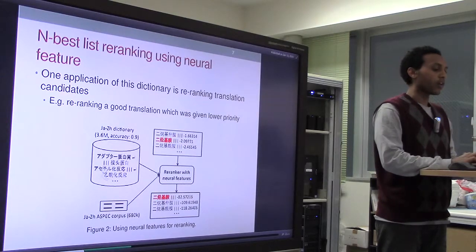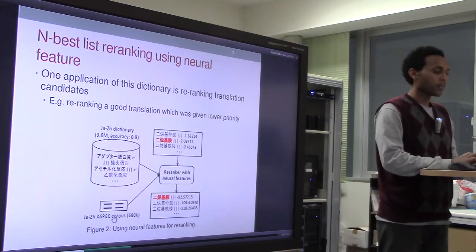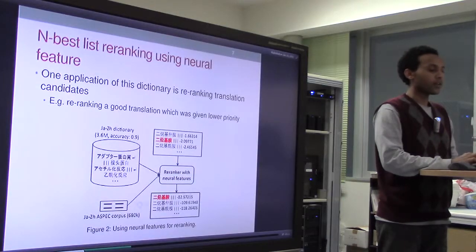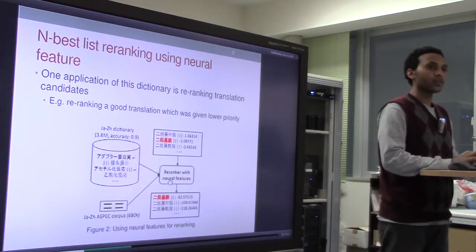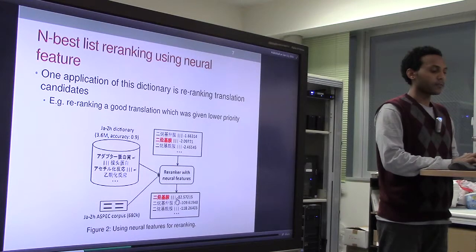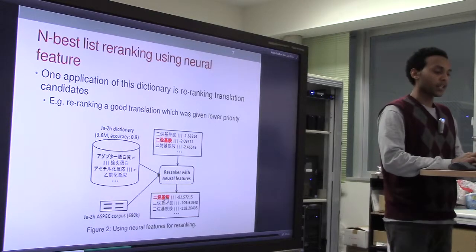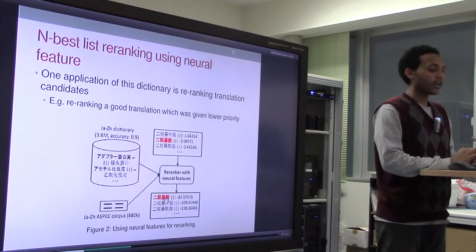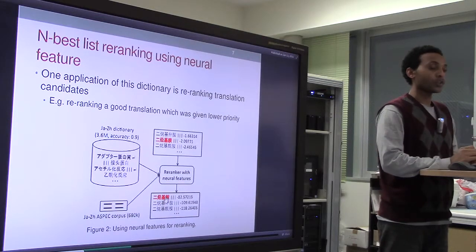For re-ranking the translation candidates, they used the generated dictionary and also a source-target corpus. By using these data sources and a neural network re-ranker, they were able to modify the list of candidates such that the most correct translation would be ordered first.